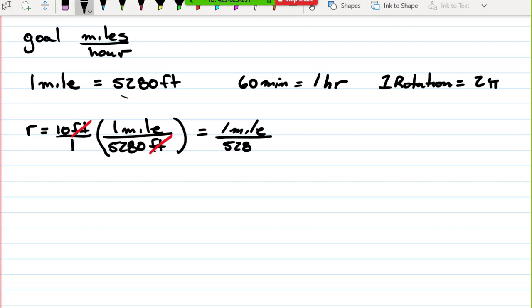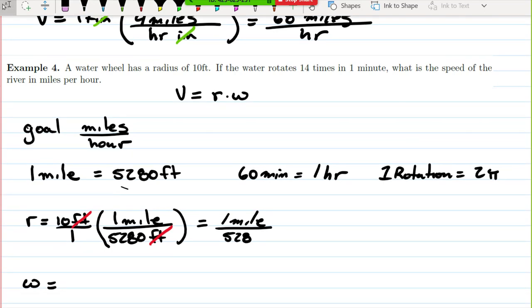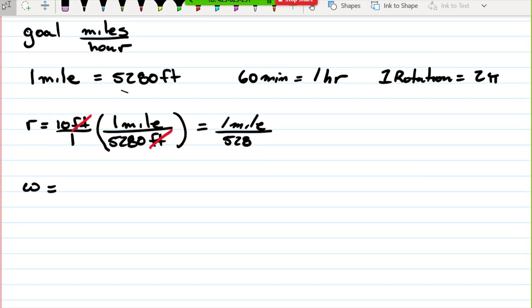And now we need to convert our omega. So omega this time was given as the water wheel rotates 14 times per 1 minute. So we have 14 rotations over 1 minute. But our goal is to end up in miles per hour. So we need to turn rotations into radians, and we need to turn minutes into hours. So to convert rotations, I have rotations in the numerator.